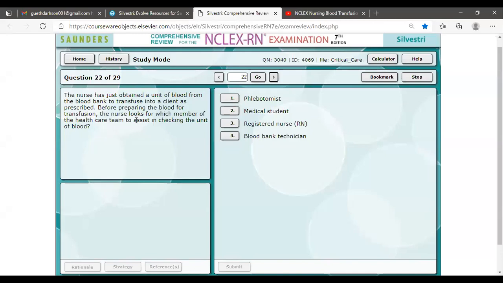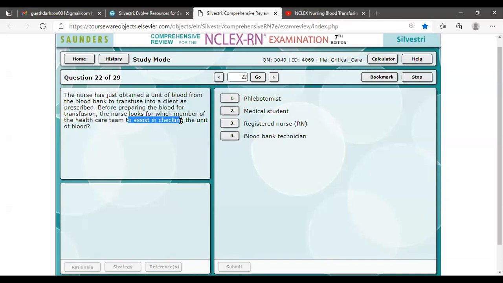In this question, the nurse has just obtained 1 unit of blood from the blood bank for transfusion to the client. Before preparing the blood for transfusion, the nurse looks for which member of the healthcare team to assist with the checking.